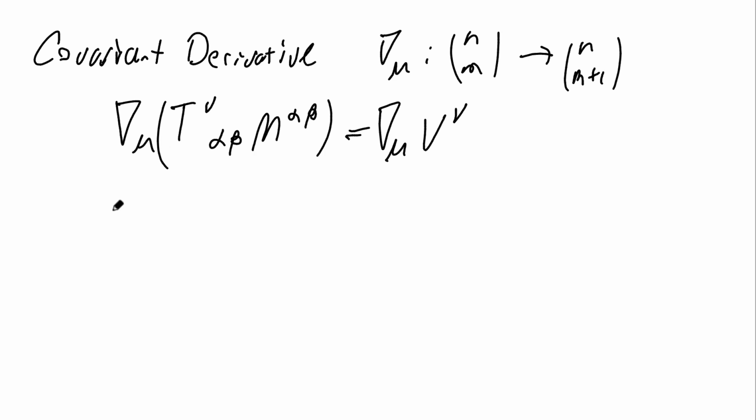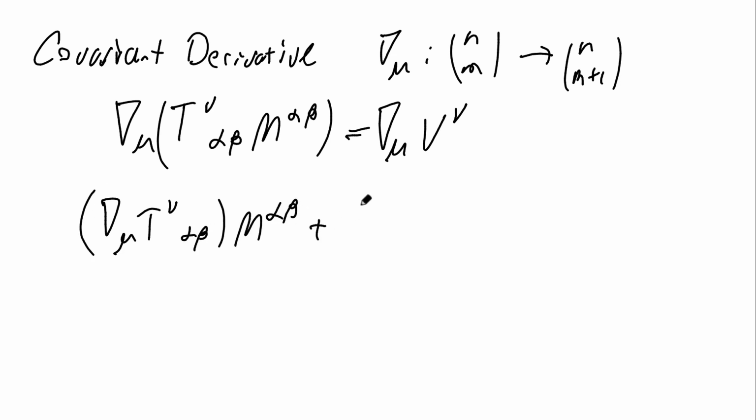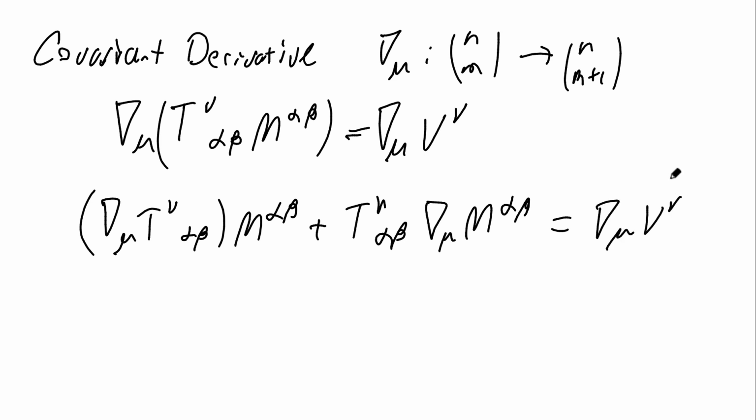We can use the product rule. This is ∇_μ T^ν_{αβ} times M^{αβ} plus T^ν_{αβ} ∇_μ M^{αβ} equals ∇_μ V^ν.